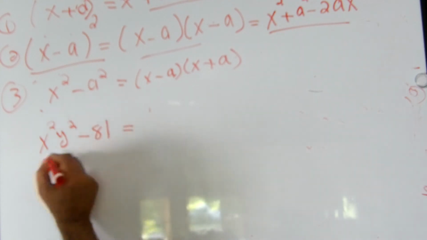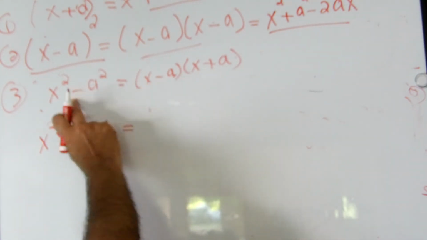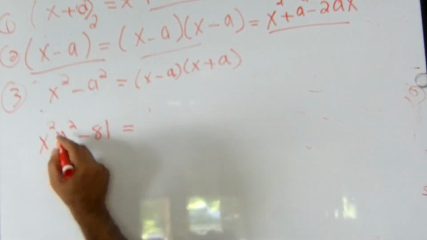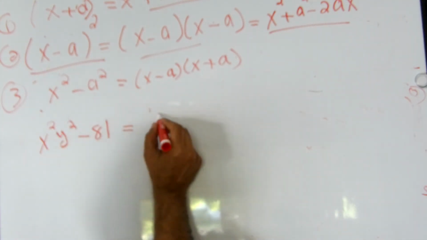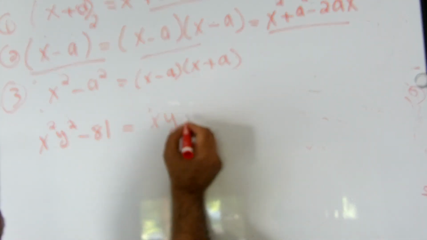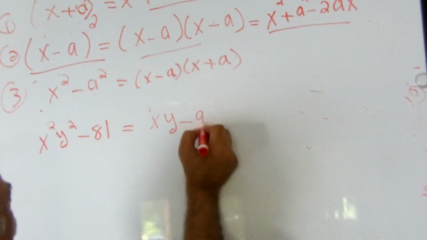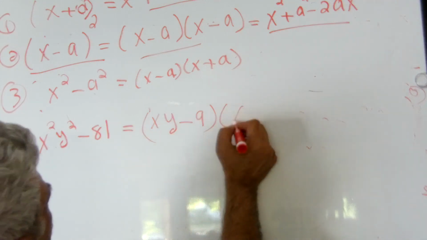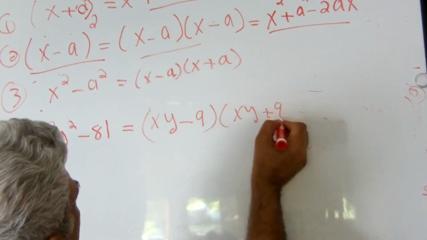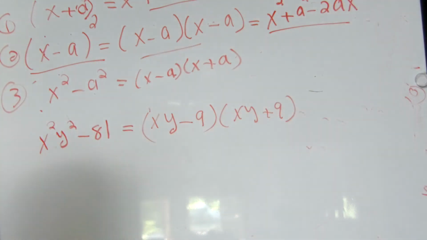It should be a minus between those two, so you can use this one. The square root of those is going to be xy minus the square root of 81, which is 9, and xy plus 9. That is going to be the answer.